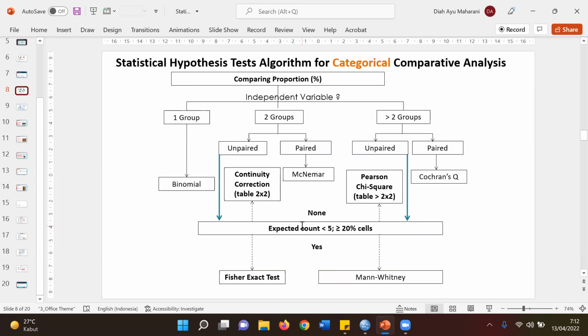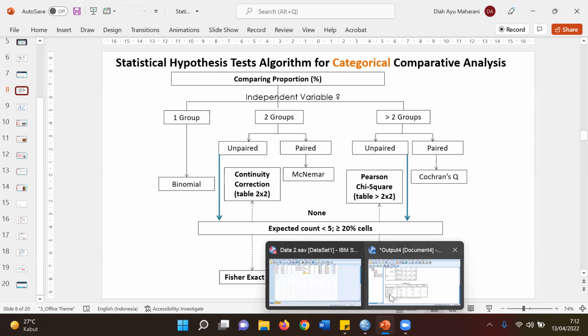Here it is, we call it expected count less than 5 and more than 20% of cells. For now, I don't think I'm going to explain more in this video, but just have in mind, if it is reported below the table at the output of SPSS, whether there are expected count less than 5 and more than 20% of cells. You can go again here.